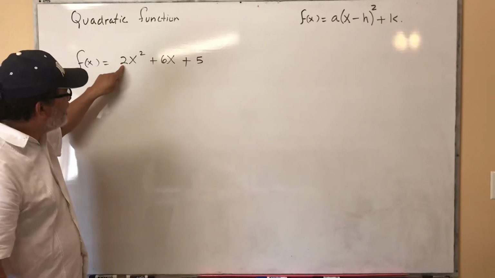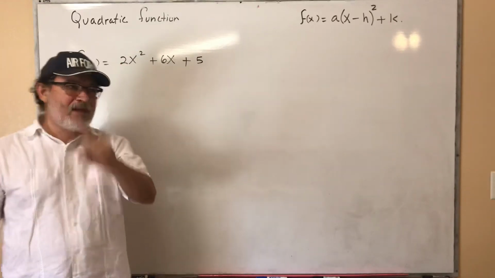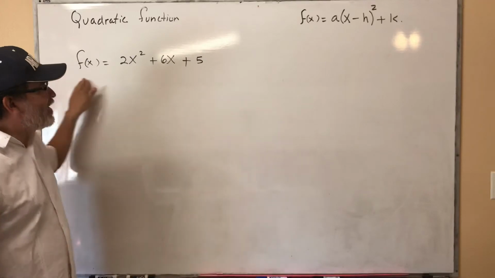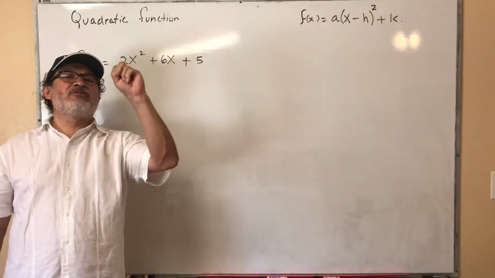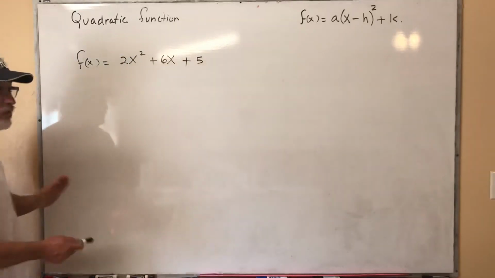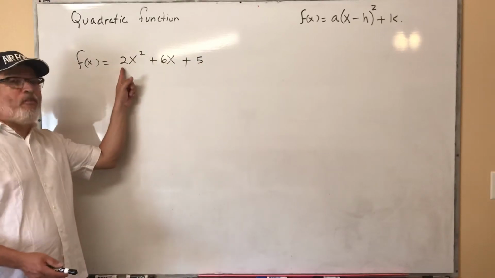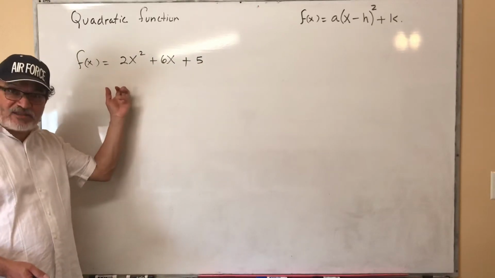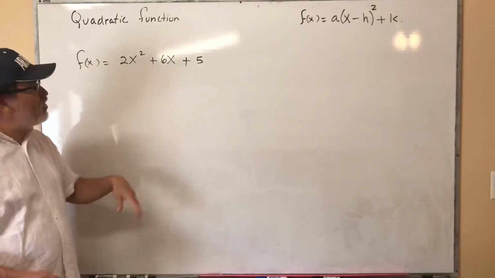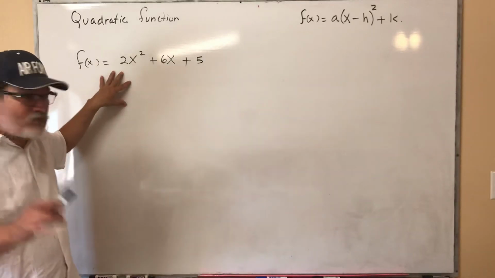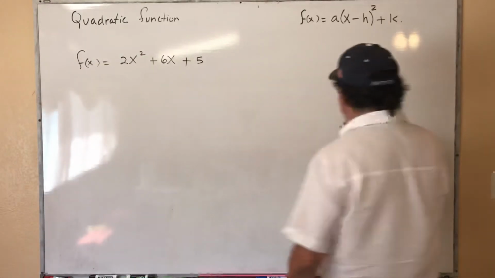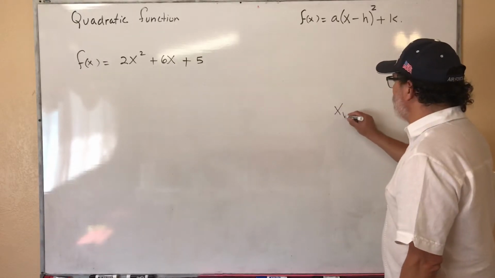I'm going to make this leading coefficient 1. I'm going to divide everything by 2. By the way, this parabola opens up. You can find the vertex. Let's find the vertex without doing anything yet. Watch this. How do you find the vertex? The x-coordinate of the vertex is what?